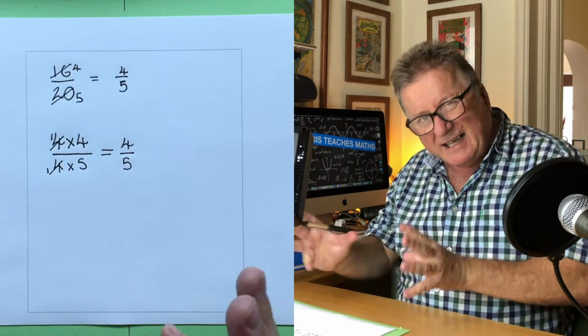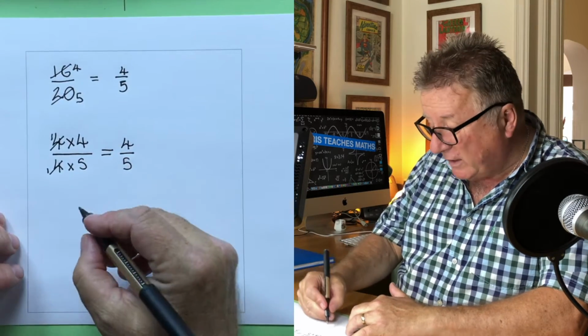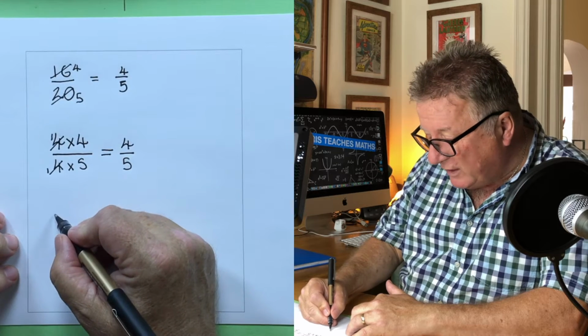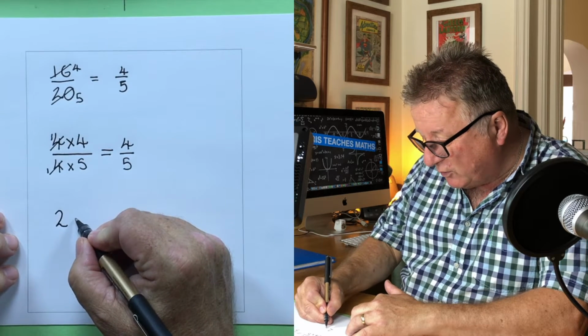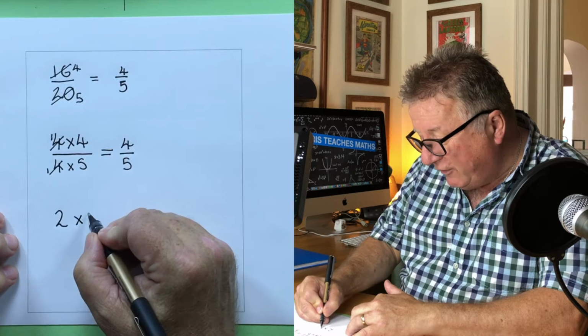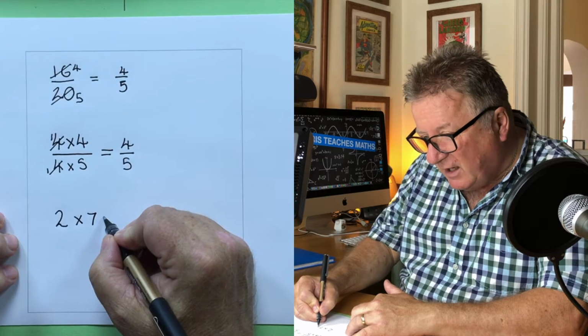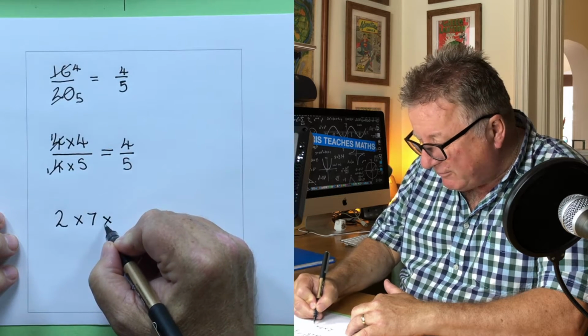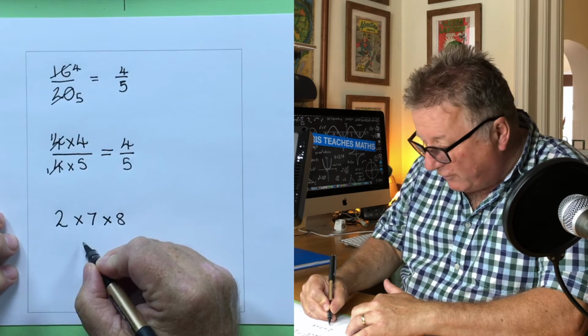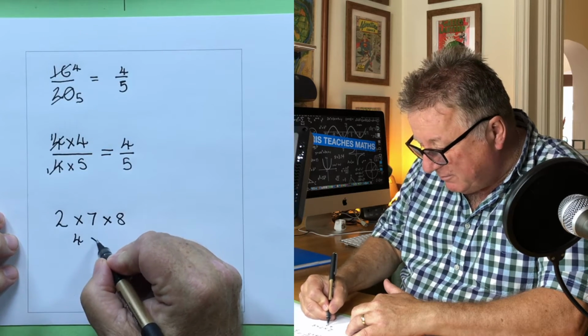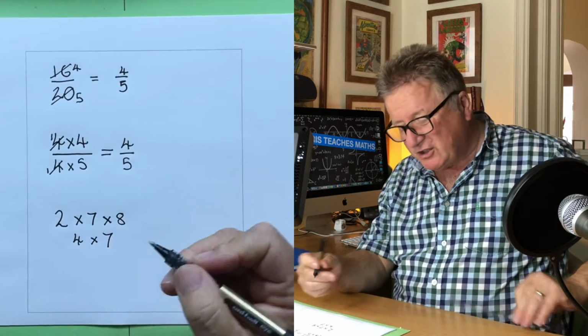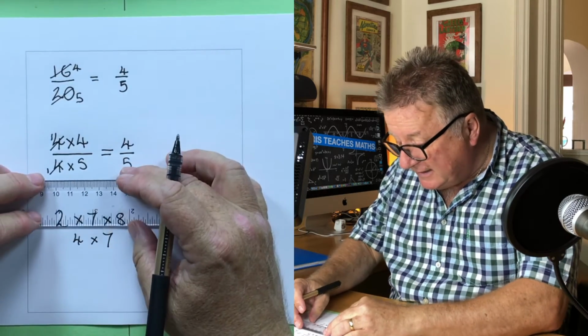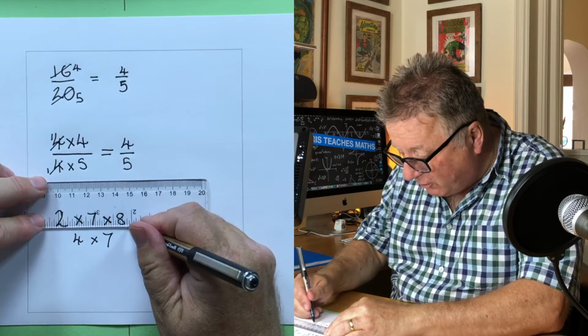But where it comes in handy, I said this would be a quick skills check, so just showing you one example where it's useful. If you're sorting out this fraction, 2 multiplied by 7 multiplied by 8, all over 4 multiplied by 7. You could indeed multiply across the top.